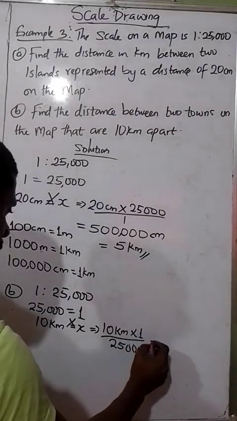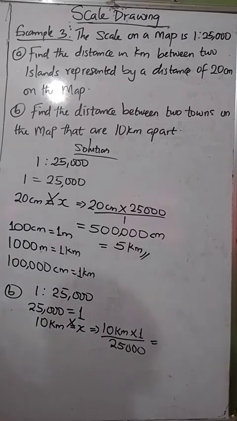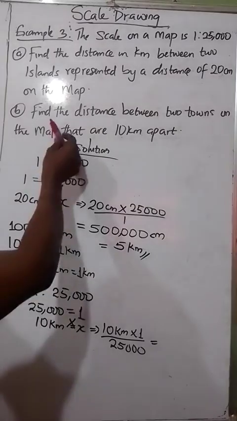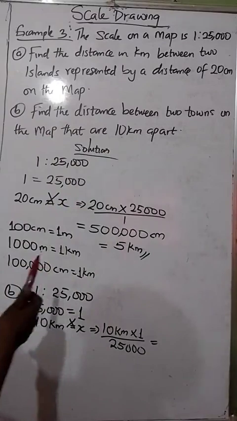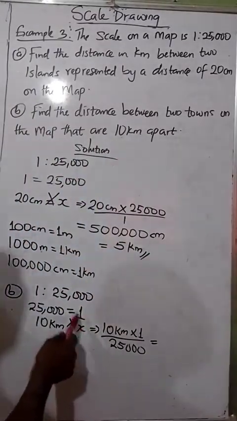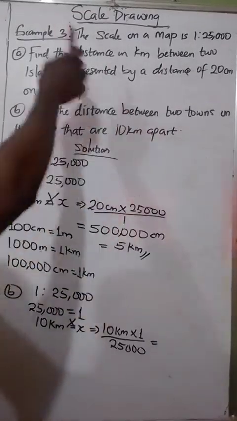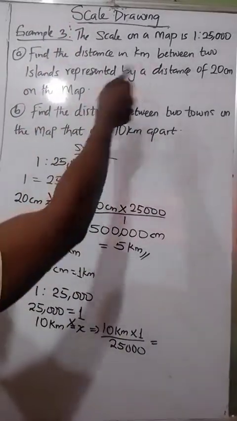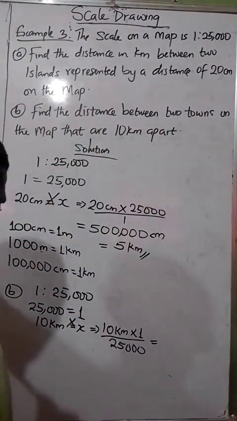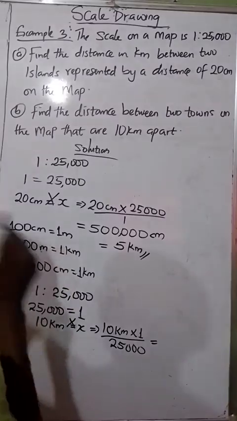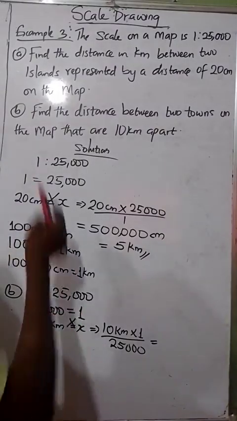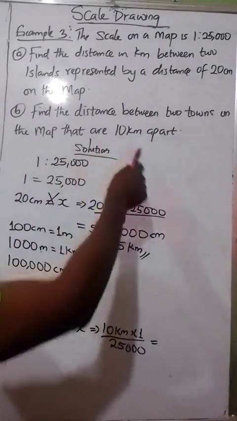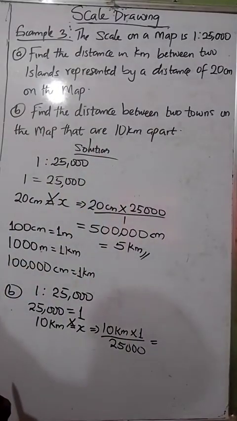Alright? So that will be equal to. Okay, find the distance on the map that I'm saying. So we are looking for the distance, probably in centimeters, or it could still be in kilometers. Find the distance between the two towns on the map that are 10 kilometers apart.